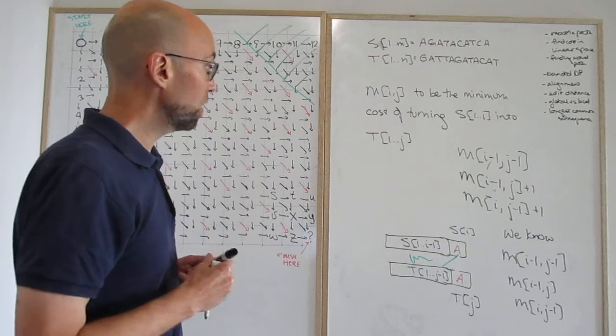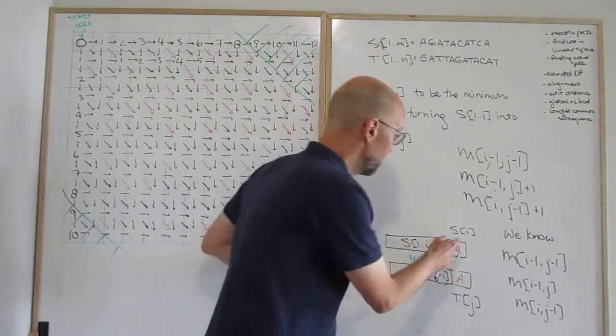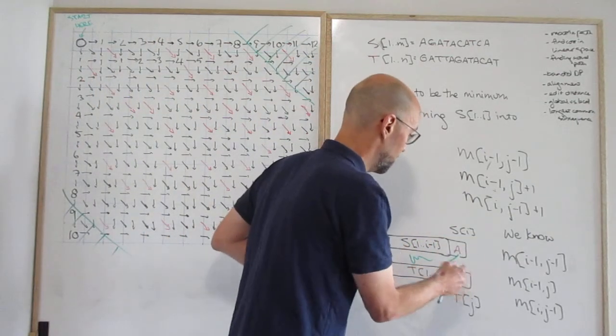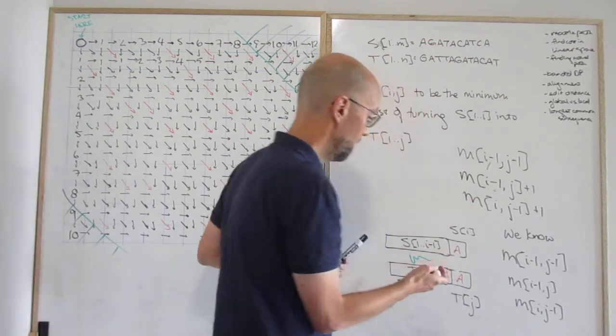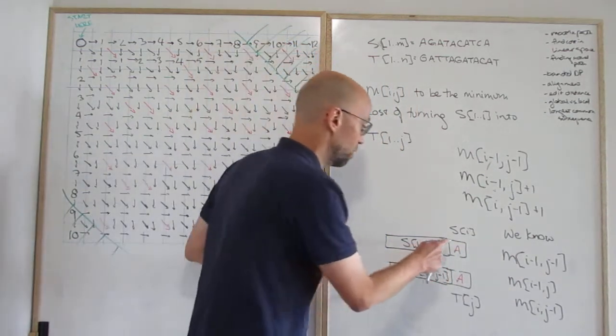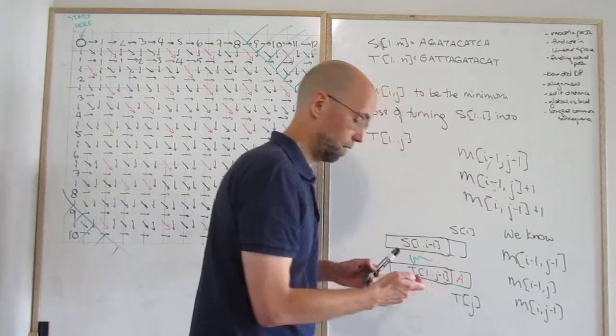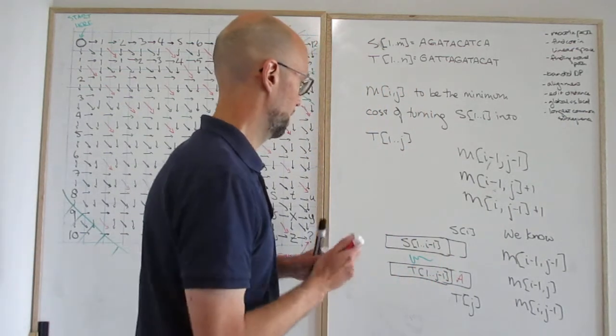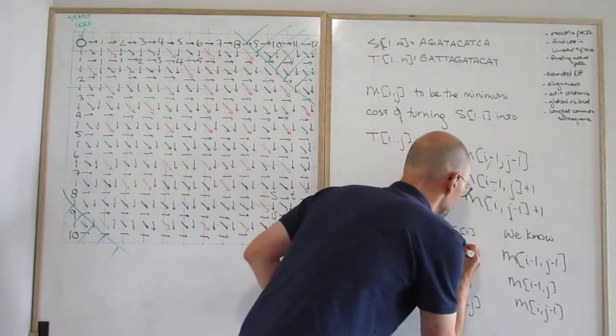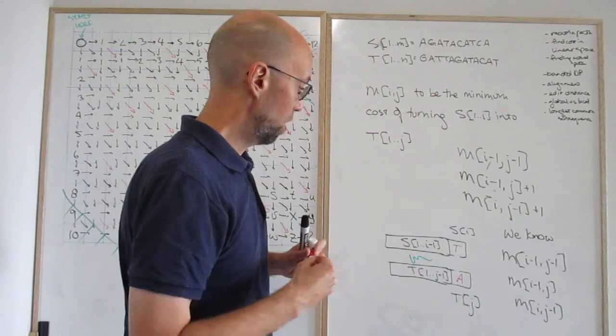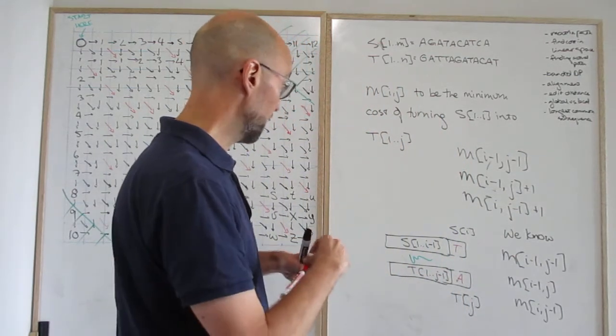But that's only in the case when Si and Tj are the same. If they are not the same, if this is a T, then we don't have the option of aligning these two for free.